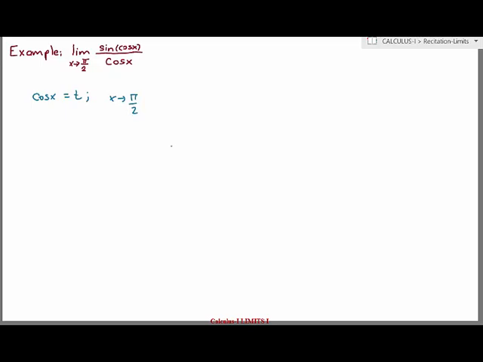So we should rewrite the problem. Limit when t tends to 0. Instead of cosine x, we have t. So the problem becomes sine t over t. As you see, we know this expression. The answer is 1.